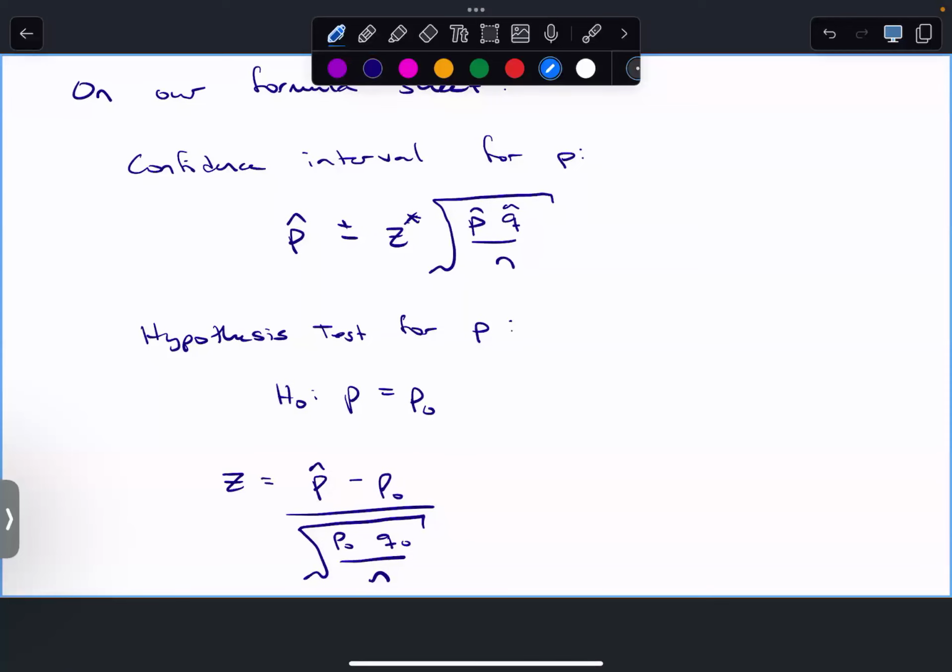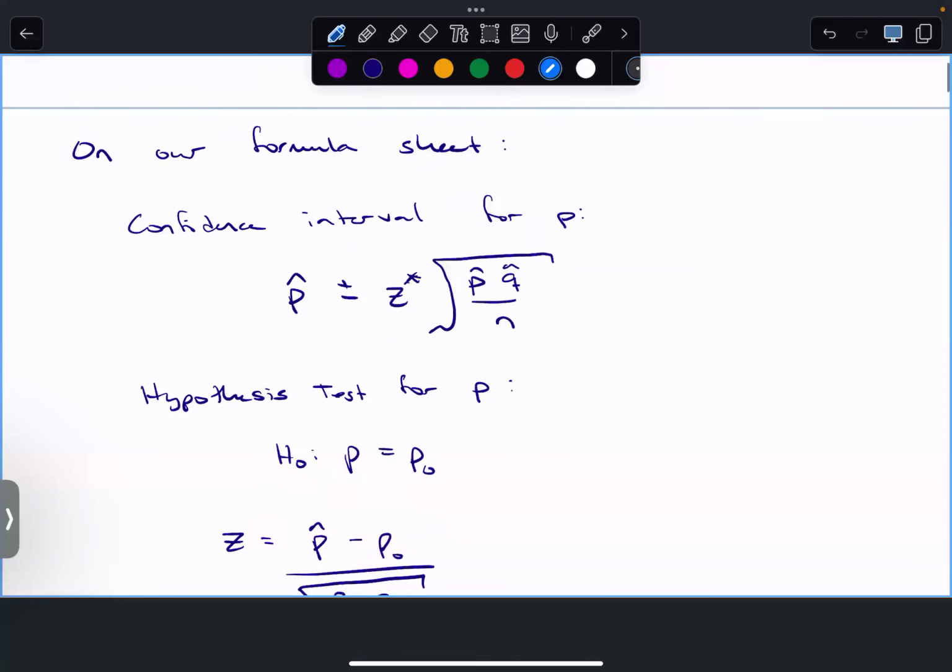Over here on the side, the conditions, I wasn't really planning for it, but the conditions for a confidence interval, let's see here.